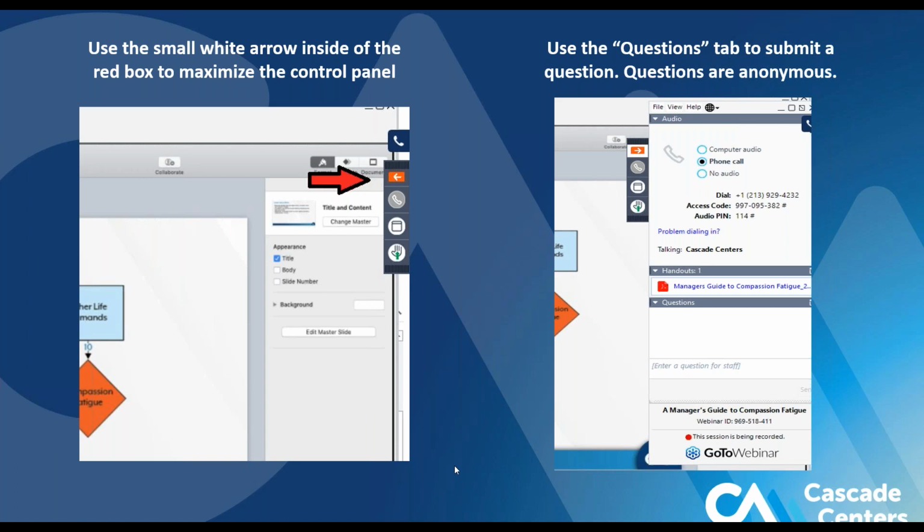If you have a question, either a technical issue or a question about content, type that into the questions section. You'll see that on the right side of the slide, that drop down section that says questions. If you type in a question, I'll keep an eye out on that, so if anything comes up, send it that way.